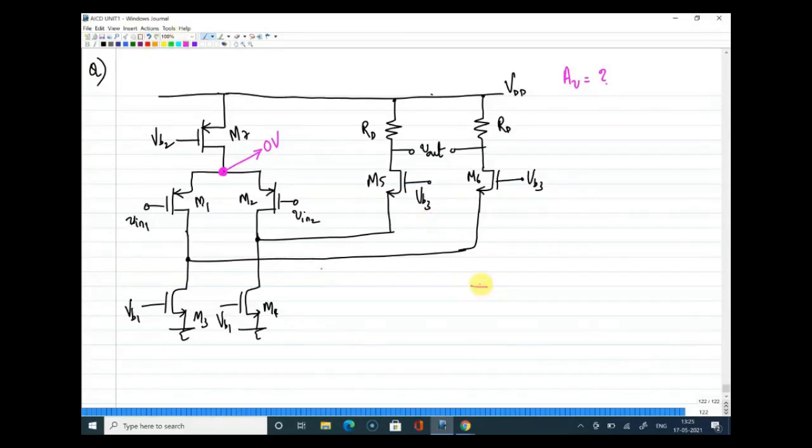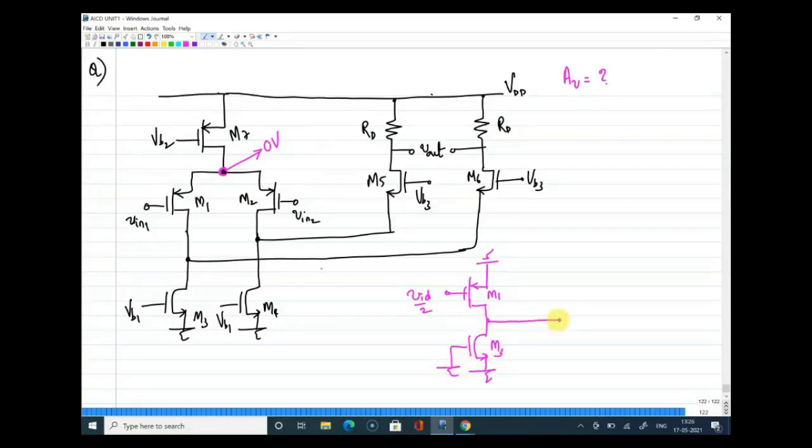We'll draw the half circuit in this form, where this is the M1 device whose source is grounded, and this is the input VID by 2. From the drain I have to connect to this node, which is M3. This is also ground.